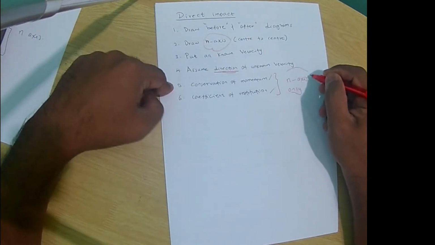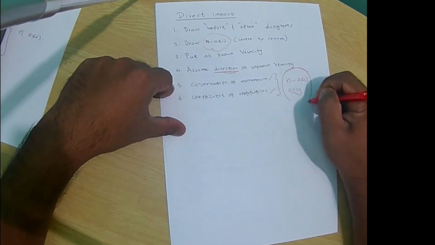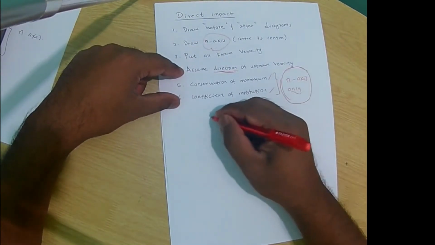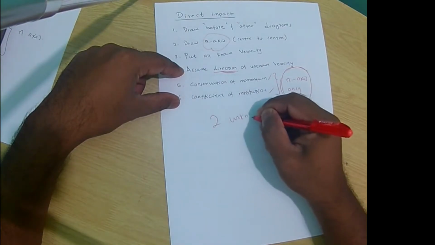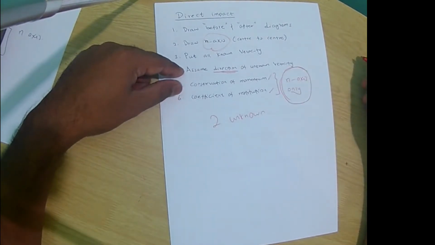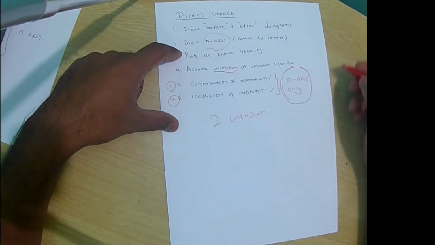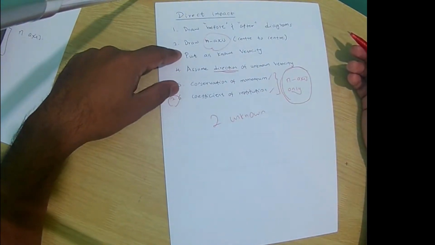Remember that it is only on the n-axis. Normally in the question we have two unknowns, and you have equation number 1 and equation number 2. So with two equations and two unknowns, you can solve this problem.